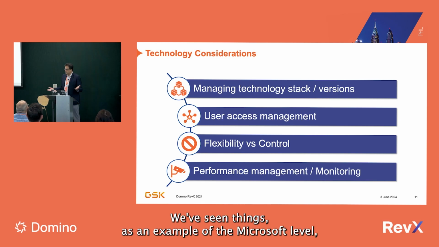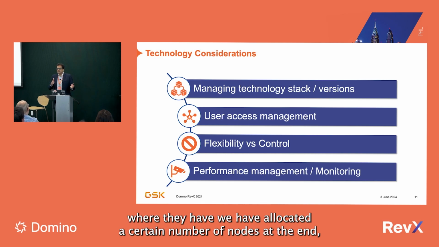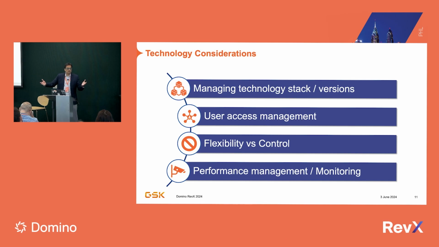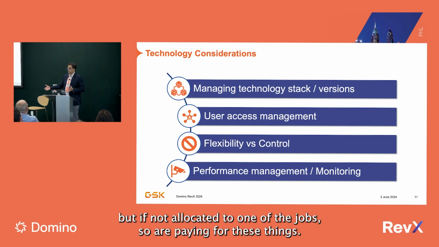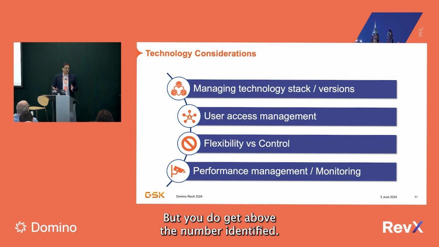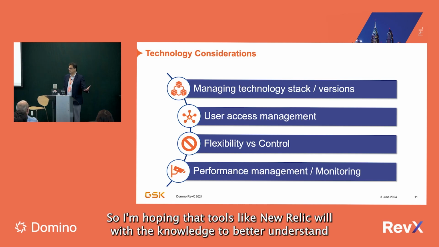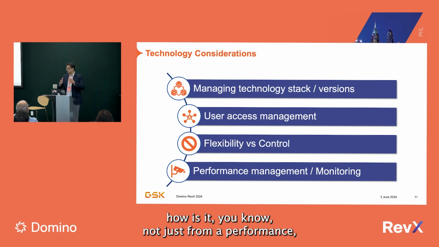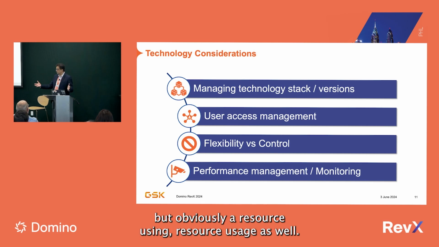We've seen things, as an example, in Microsoft Azure, where we had allocated a certain number of VMs, but they were really not allocated to any of the jobs. So we are paying for all of these things, but due to a bug they were never identified. I'm hoping tools like RevX help us better understand not just performance, but how our resource usage is as well.